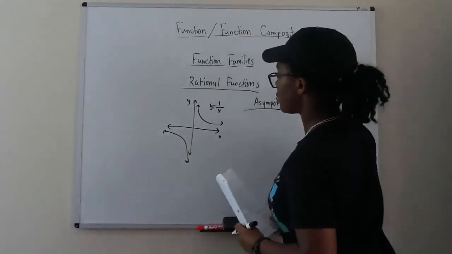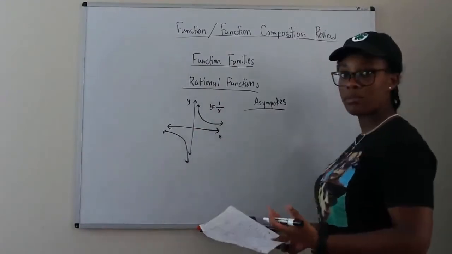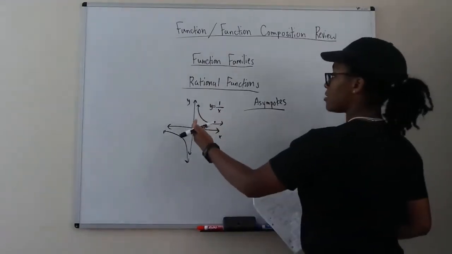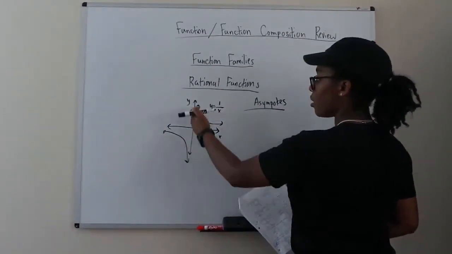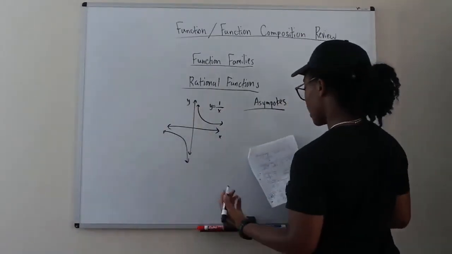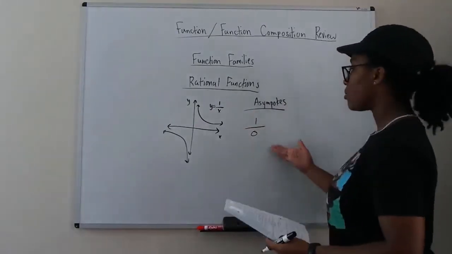An asymptote is just an invisible line that the function can't cross because of certain rules in math. For this one, there's going to be an asymptote on the y-axis, which is just x equals 0, because you can't divide things by 0.